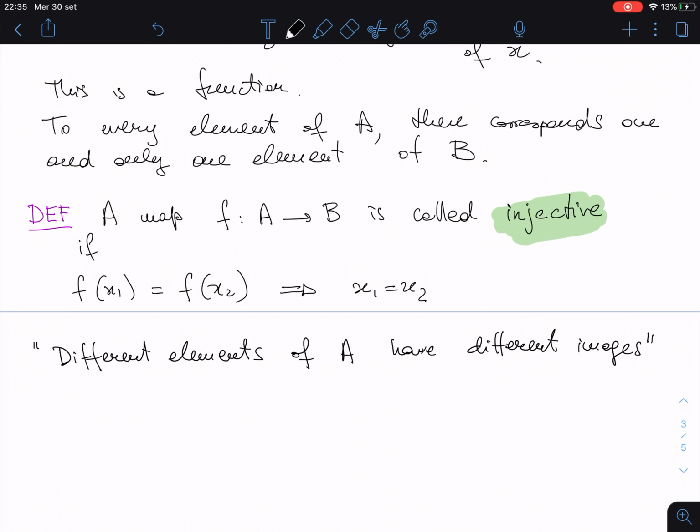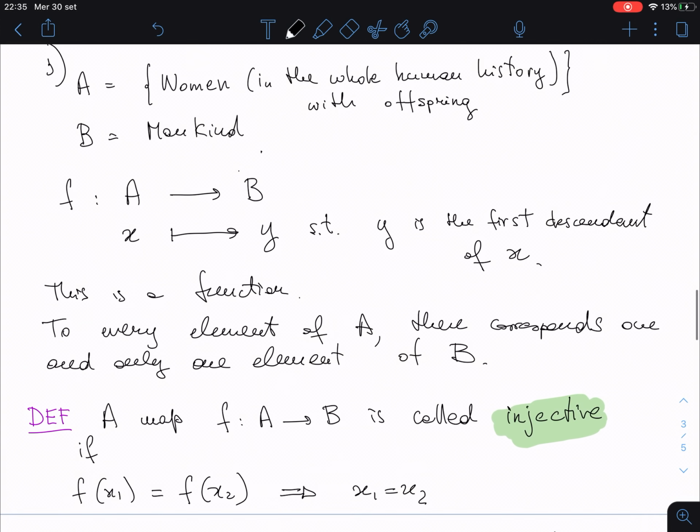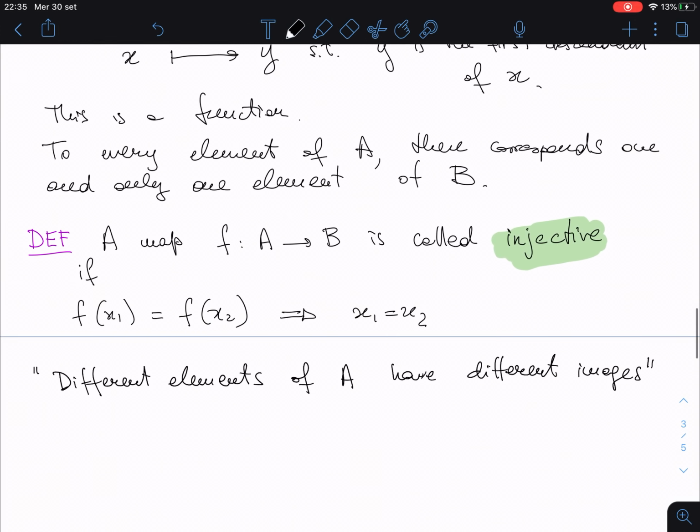And so, for instance, in the previous example of a function, in example 3, the function f, the unique function we managed to define, is injective.